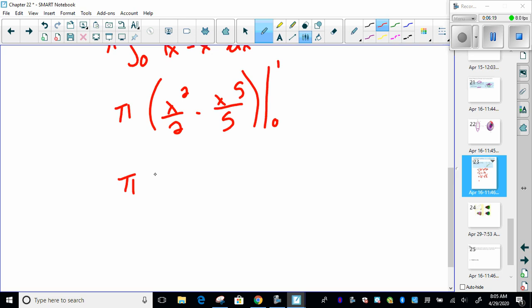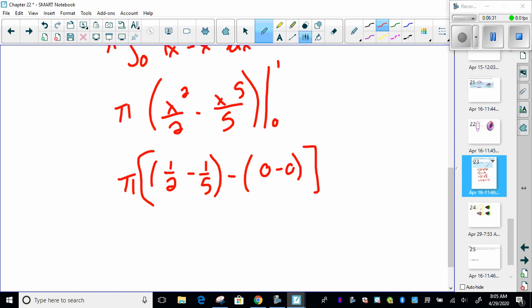That's pi times a half minus a fifth minus 0 minus 0, which gives me pi times a half minus a fifth, so that's 3 pi over 10 units cubed.